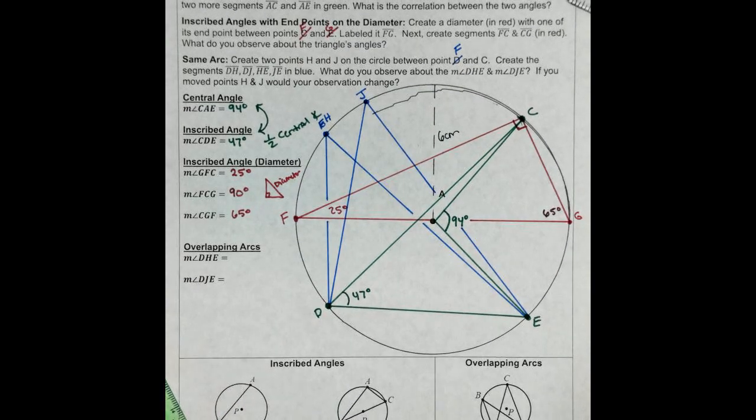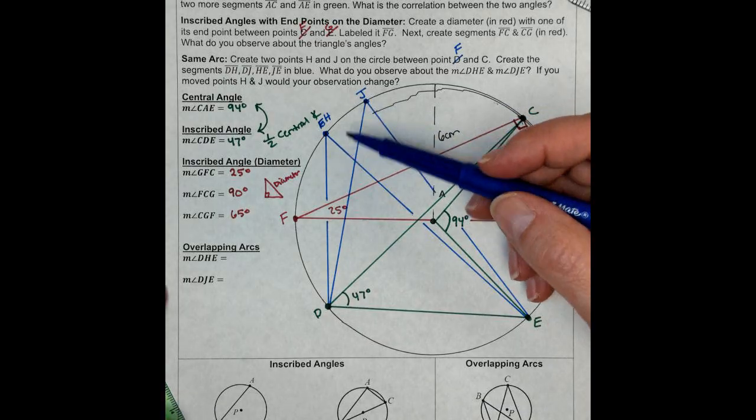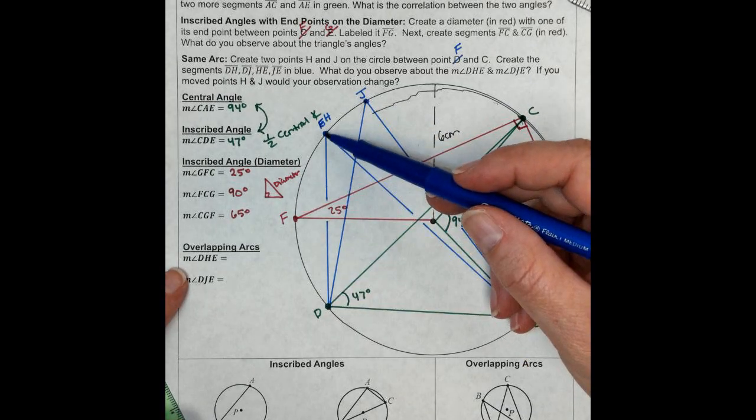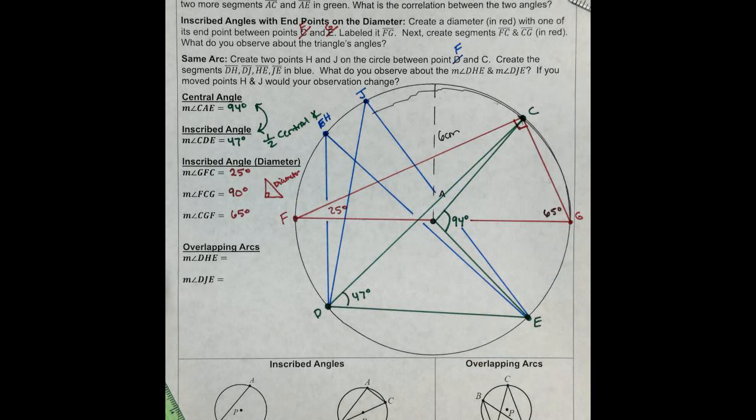Okay. So now I have two inscribed angles. I have DHE and I have DJE here.